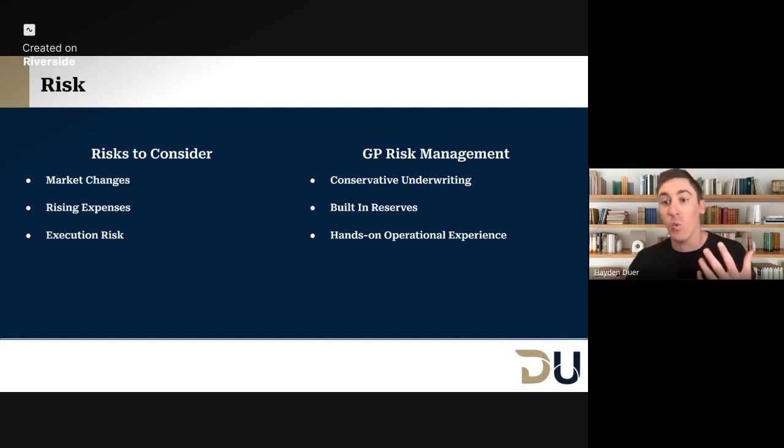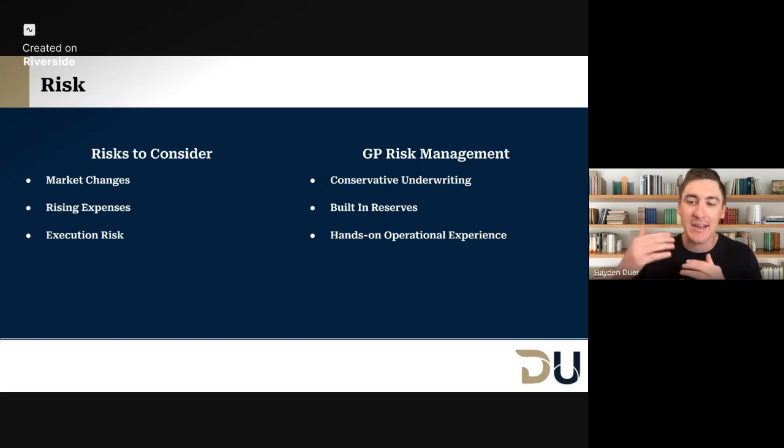How we mitigate risks as GPs, and how several GPs mitigate their risk, and you hear it all the time, it's a very overused word in this industry, is conservative underwriting. What that means is being able to pad in some additional built-in reserves, for example, as part of that conservative underwriting.